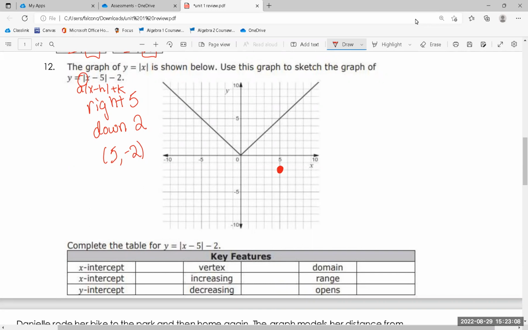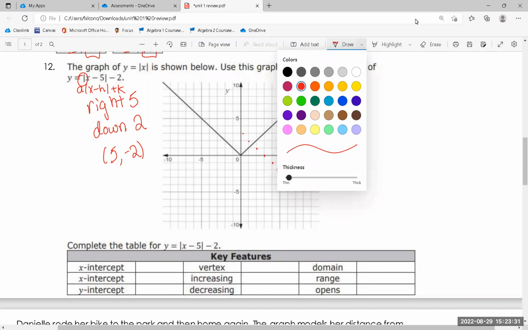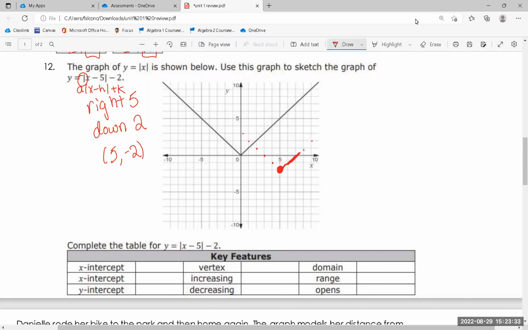We talked about this in class, how if there's a number in front, it makes your slope either more narrow or wider, but nothing happened to the slope, so we can go up 1 over 1 and get a few more points in order to draw the rest of our new graph. That is a horrible line. Let me redo that. Let me get a thicker line for this.